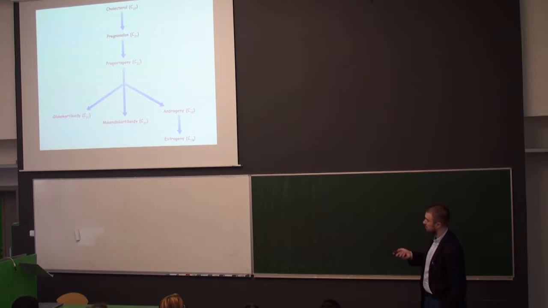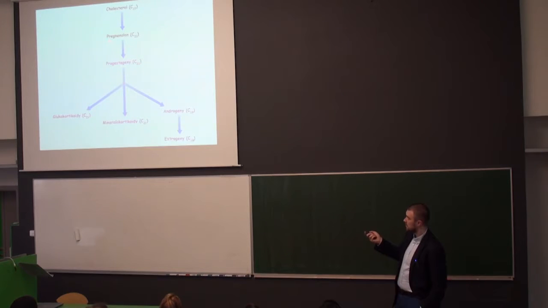And then progesterone and pregnenolone serve as the splitting point for the synthesis of 3 groups of steroid hormones: glucocorticoids, mineralocorticoids, and androgens. And then androgens work as the precursors for estrogens. So you cannot produce estrogens from mineralocorticoids nor from glucocorticoids, but you will produce them from pregnenolone and from androgens, and then you gain the estrogens.